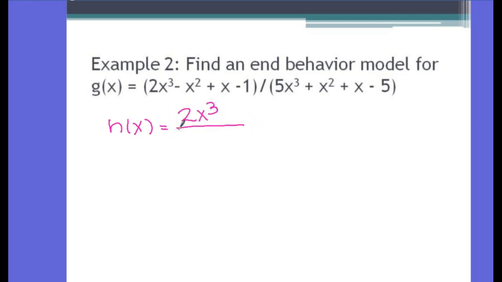The largest from the denominator is 5x cubed. So cubic over cubic becomes gone. So then the end behavior model for this is 2/5. Huh, it's a number? It's a number. The end behavior model is a number.